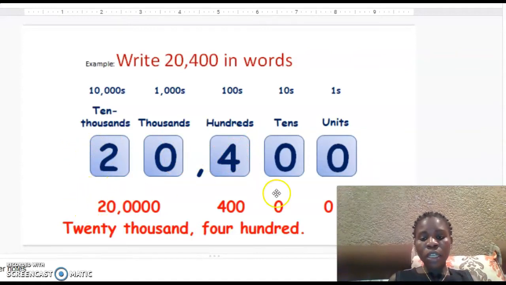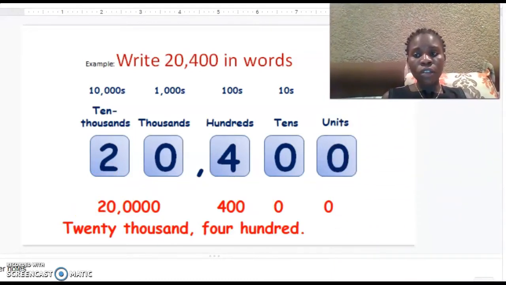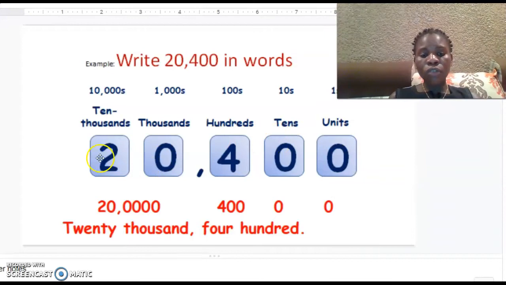In the expanded form, it means finding the value of the number. You take the number times its own place value. So 2 times 10,000 becomes 20,000, and that is the value of 2.